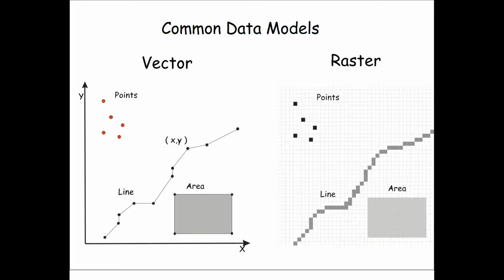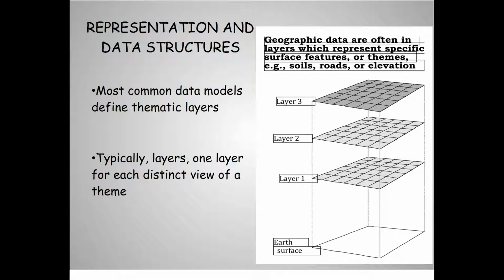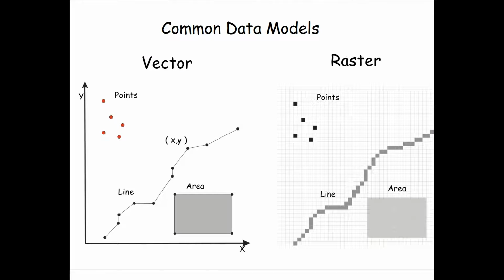But there's a fairly significant difference in how things are stored. So now we're going to talk a little bit about each. We talked a lot about vector data. Raster data is storing everything about the value in an evenly spaced grid. We'll go back to this one for a second.